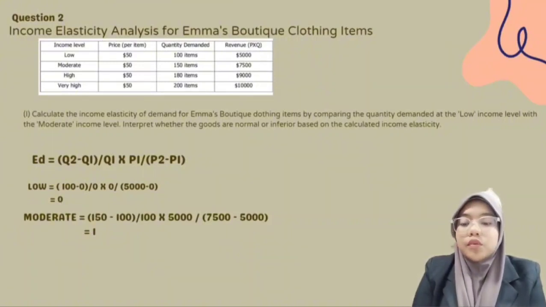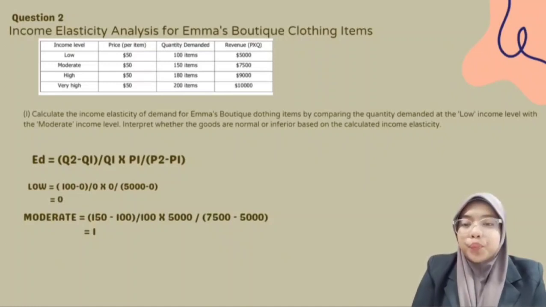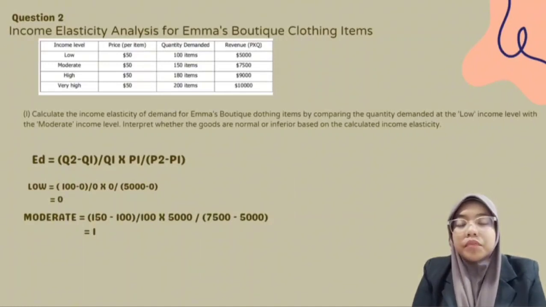So the answer is 0. For moderate, 150 minus 100 divided by 100, which is 0.5, times 5000 divided by 7500 minus 5000. So the answer is 2.1 times 0, equal to 0.